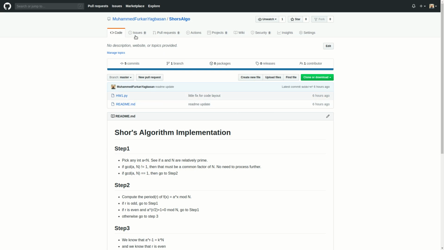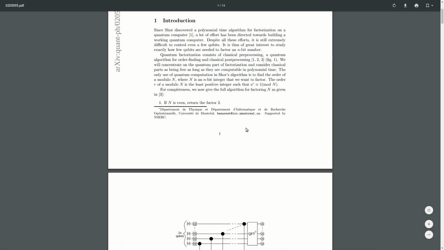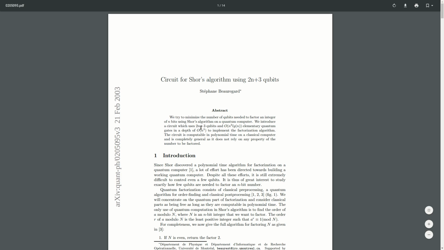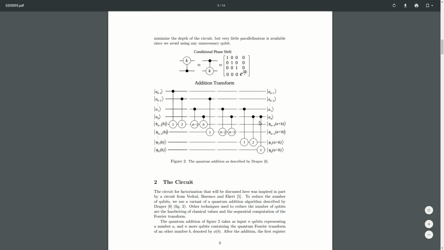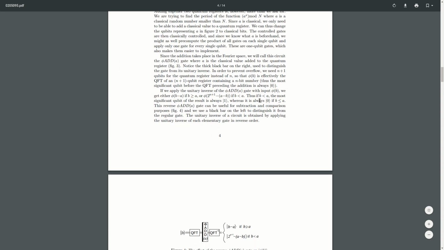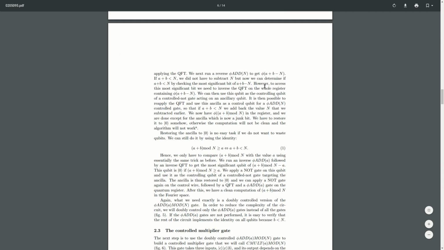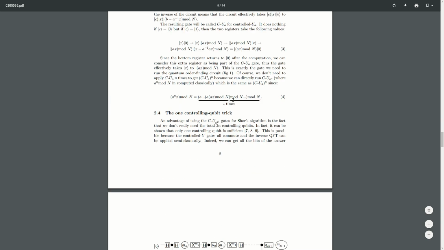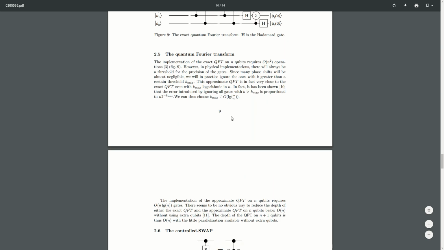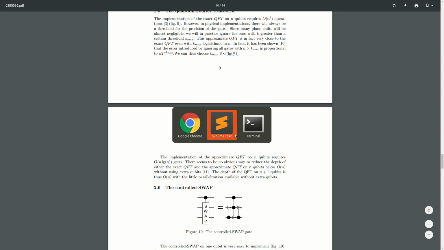You can see in this paper, the implementation is similar to our code as well. You should use some add gates, inverse add gates, some QFT and inverse QFTs, and some multiplication blocks and some swap blocks. It's a complicated implementation for the general case.